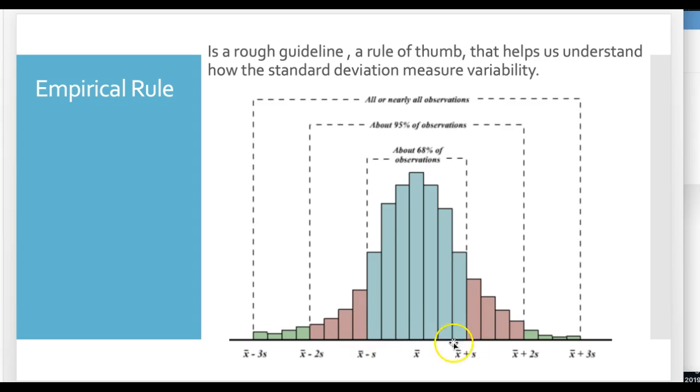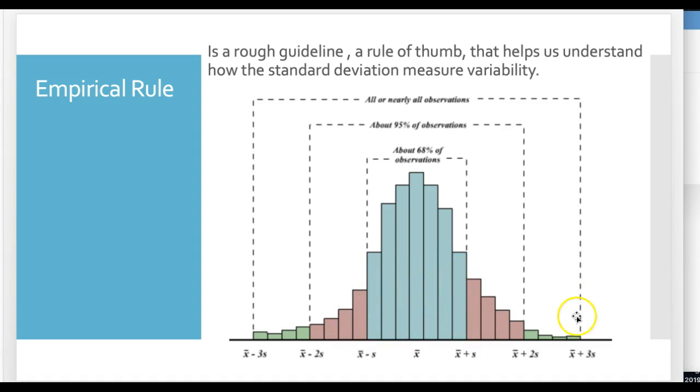These are typical values. Any point that falls in here is no more than 2 standard deviations away, because the distance from here to here is two standard deviations, and the same on the other side. So everything in here is kind of typical.